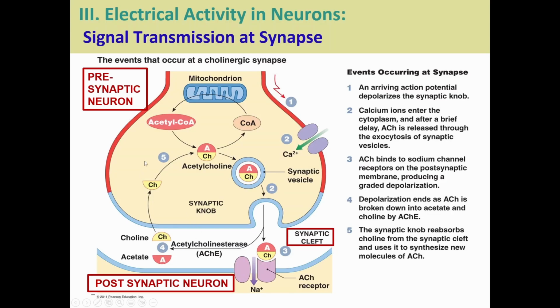So we bring back the choline, the acetate's gone, we use acetyl-CoA to put the acetate onto the choline, bam, back together. So we're recycling so much of the neurotransmitter. But that's why we can send a signal out, and then break that signal down, reuse as much as we can, set ourselves up again.